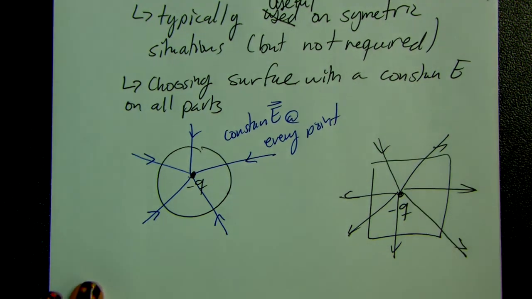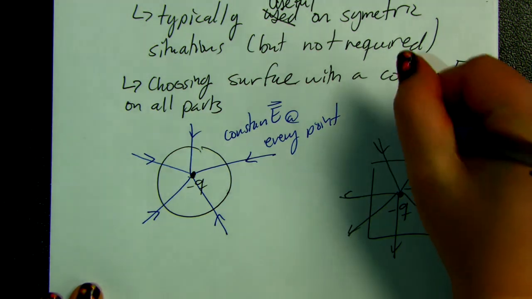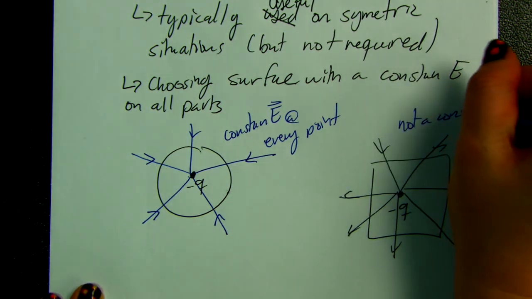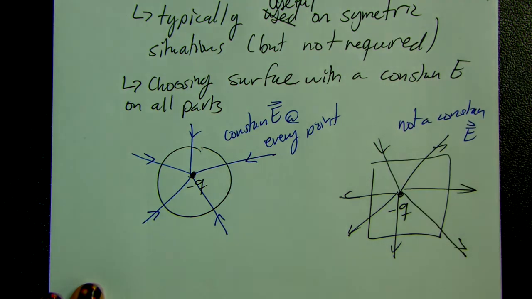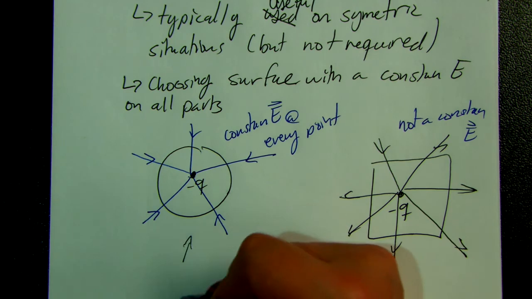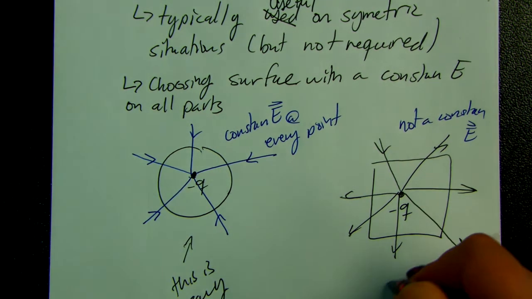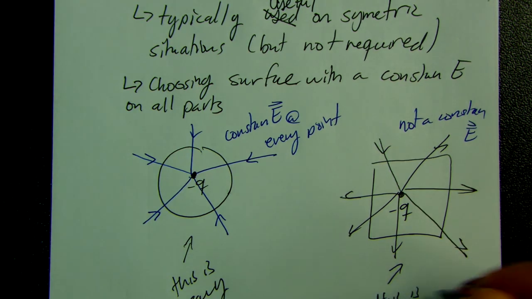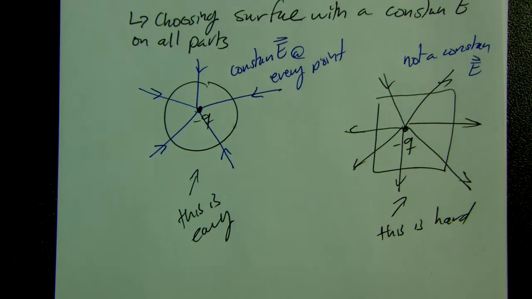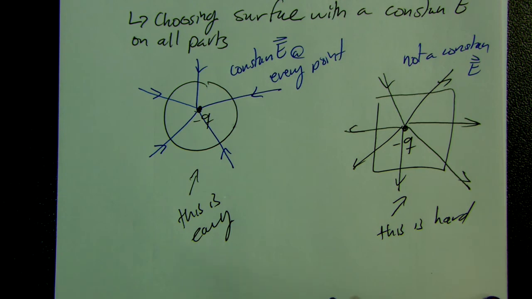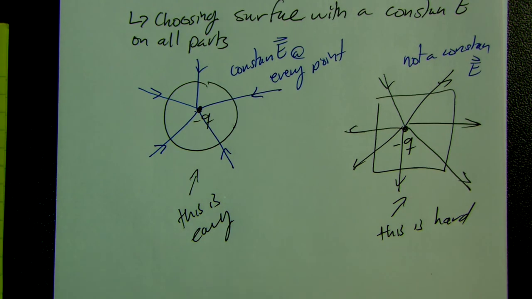So we have not a constant E. And so if you're allowed to choose your surface area for the problem setup, this is the easy one. This is easy. This is hard. It's true you could get the right solution either way. Go with easy. There are no cookies for doing things the hard way unreasonably. All right, so let's use Gauss's law to look at a spherical conductor.